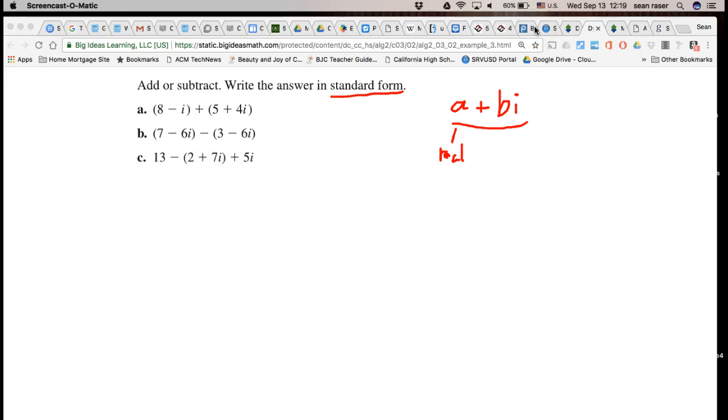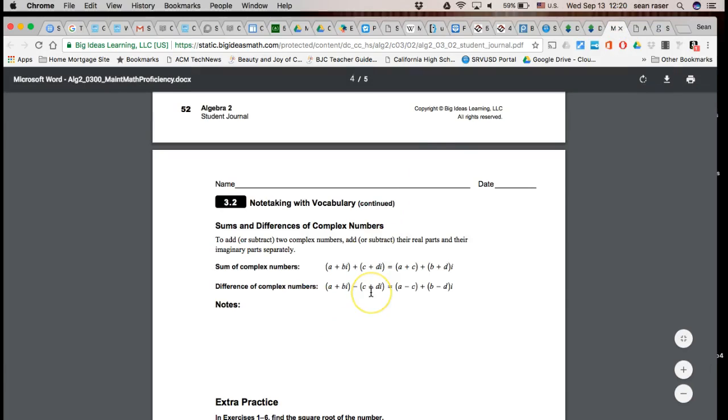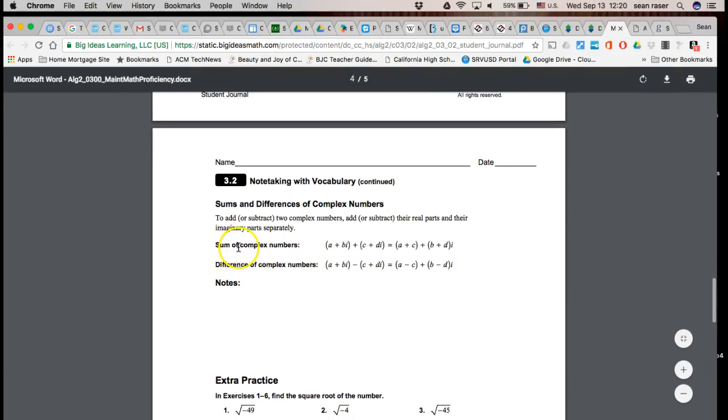Okay, so when you add and subtract imaginary numbers, you can look right here. In order to take the sum of complex numbers, if we're trying to add two complex numbers, all we do is add together the real parts and add together the imaginary coefficients and simplify.